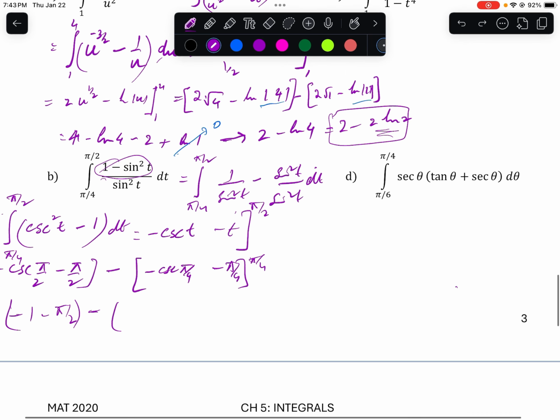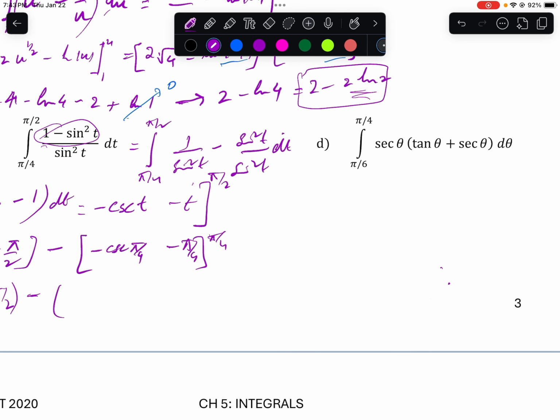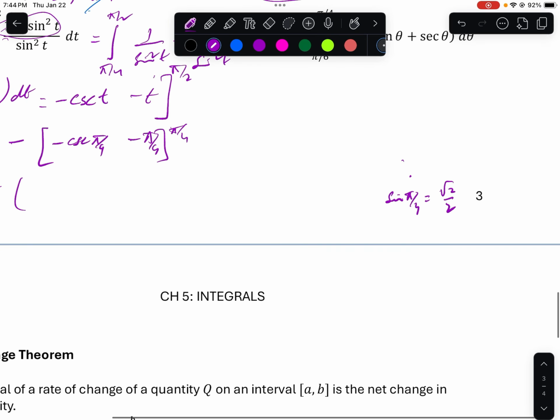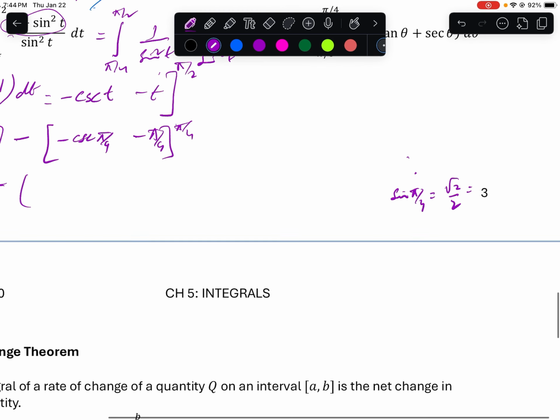So sine of pi over 4 is equal to square root of 2 over 2. Or this is equal to, if I rationalize the numerator, multiply both top and bottom by square root of 2.